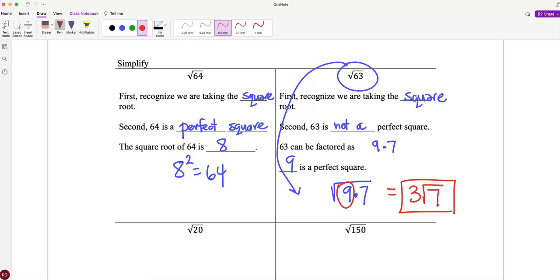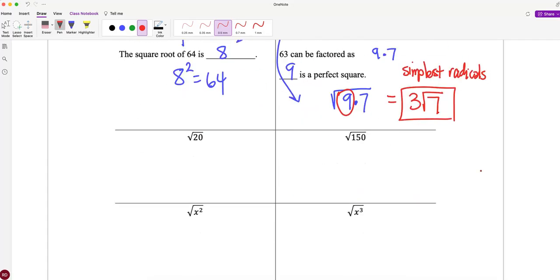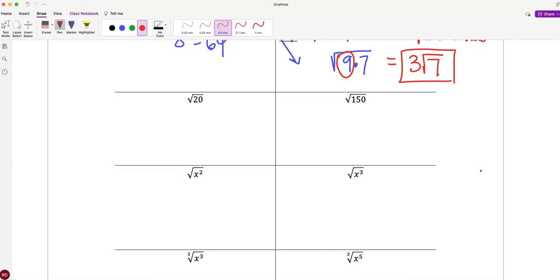Now, if I wanted a decimal approximation, I could use my calculator. But this is what we call simplest radical form. And what it means for square roots is you have taken the square root of any perfect square. So if I look at the square root of 20, you can break it down.